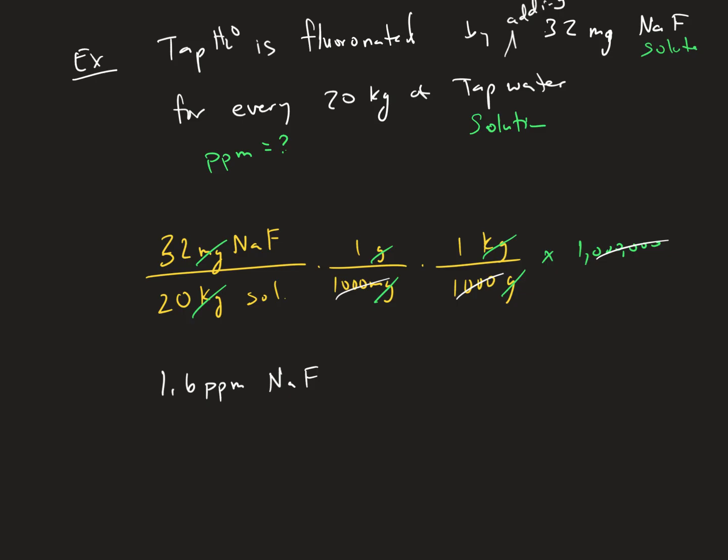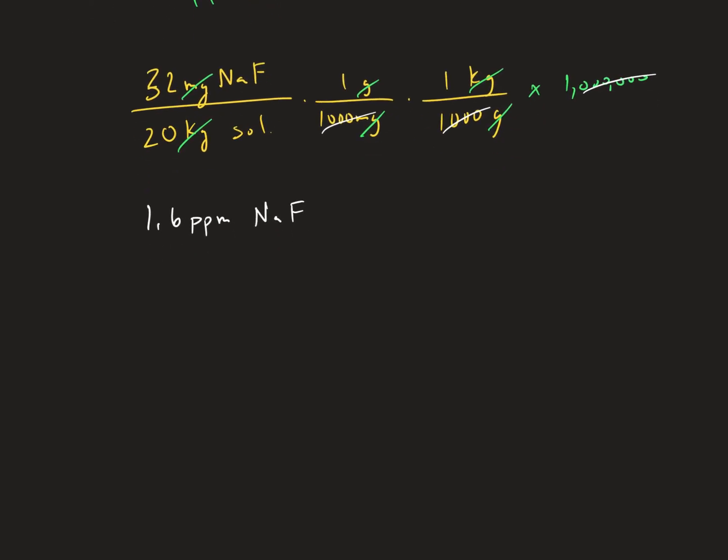What if we start with our 1.6 parts per million? Can we figure out how much solute we have? Well, this is 1.6 grams of NaF to what? What goes on the bottom?